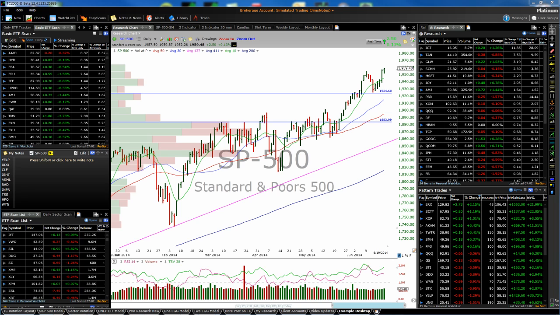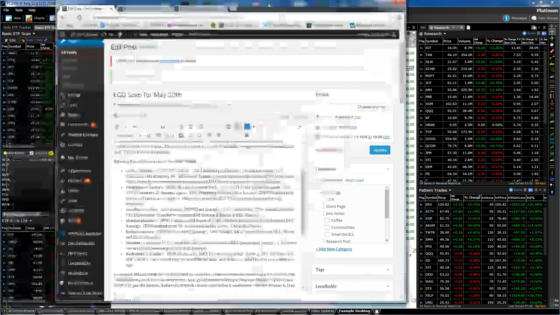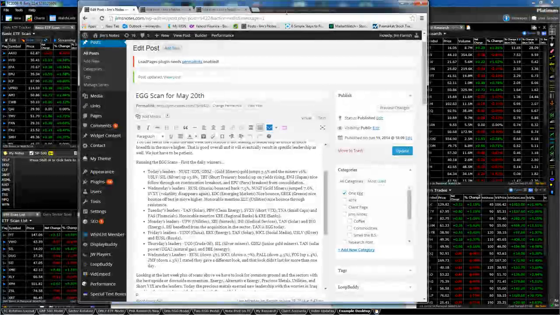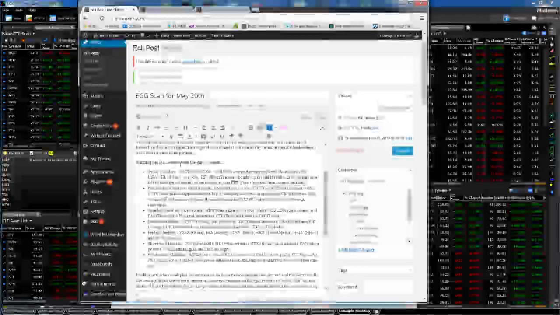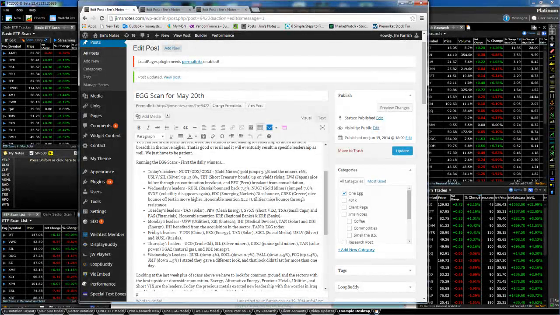Now, because I was doing the updates before I frantically realized that I couldn't log in tonight, I'm going to use kind of what you can see behind how we actually populate the site. But I want to use it because I need the text out of here, because this is the egg scan that was posted tonight for tomorrow.